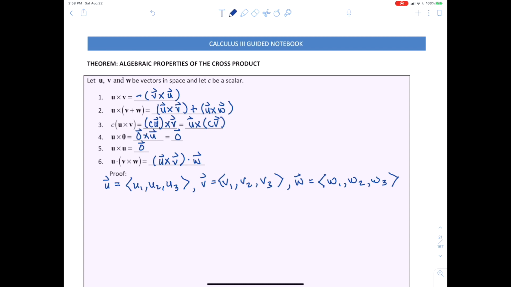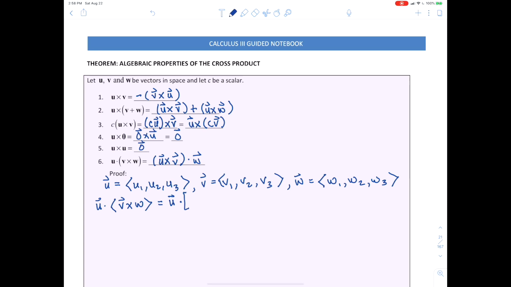And so let's check it out. U dot V cross W is going to be equivalent to, I'm just going to keep U as U for the moment. It'll be easier to write. So U dot. Now when we do our V cross W, what are we going to have?